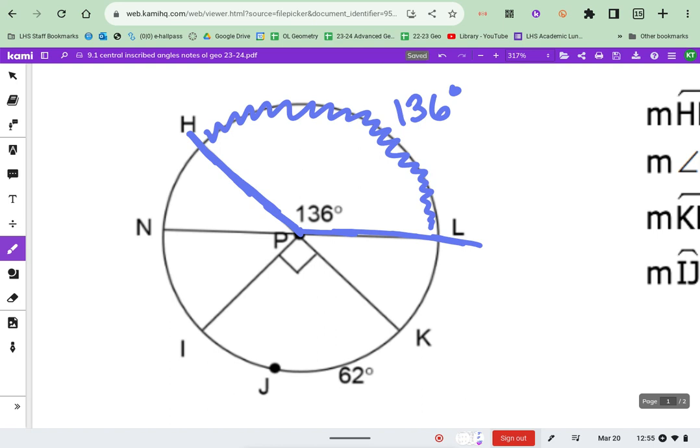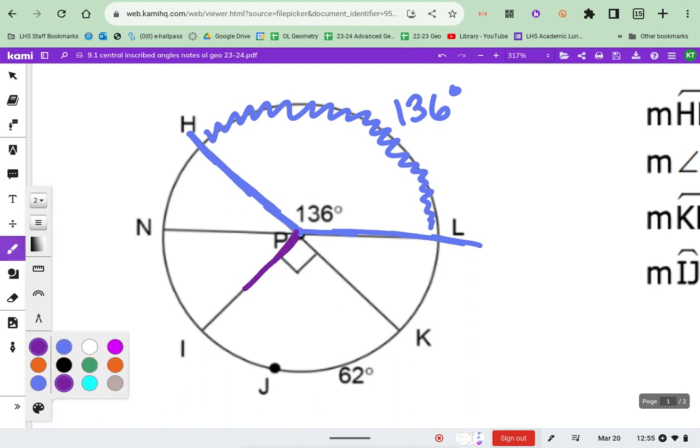Okay, are there any other central angles that we have a measurement for? The 90, right? We have the 90, even though it's not a number, we know that box means 90. So let's do the same thing. Let's go ahead and sketch out the edges of that angle to see where the arc is. What about the 62?